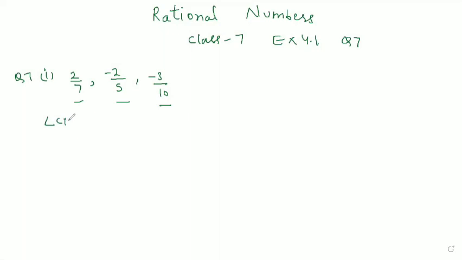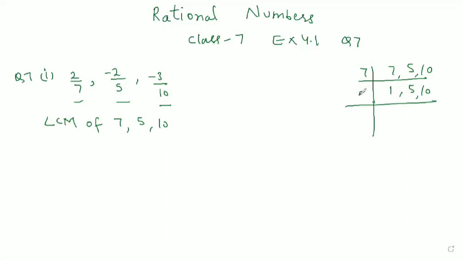The first step is to take the LCM of all these denominators: 7, 5, and 10. The LCM is 70.